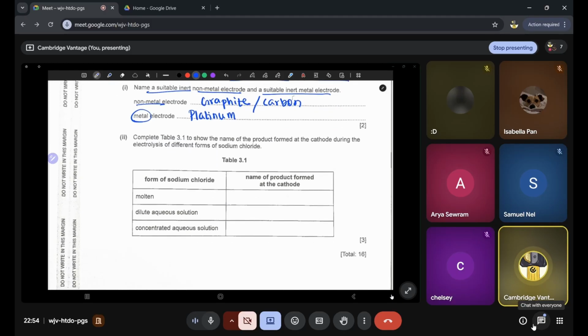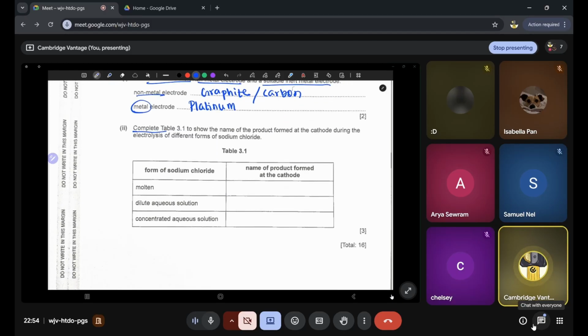All right, fairly basic questions till now. And then let's see, complete table 3.1 to show the name of the product formed at the cathode during the electrolysis of different forms of sodium chloride. So when it's molten, Isabella, can you answer this? What is the product at the cathode when we electrolyze molten sodium chloride?